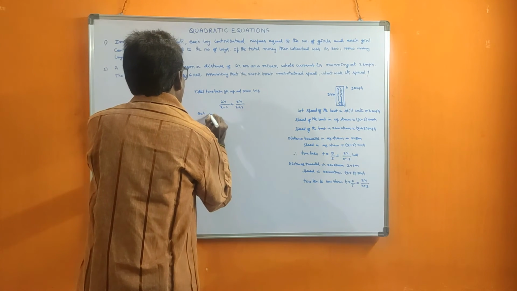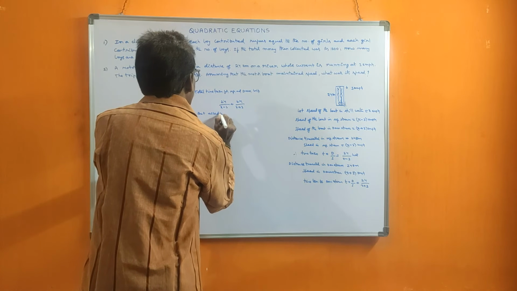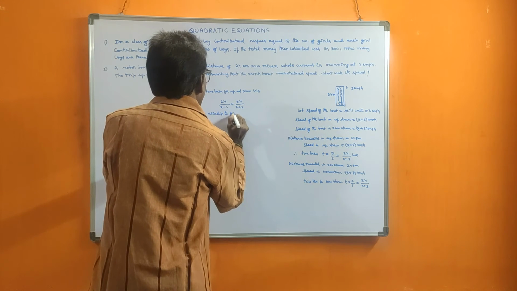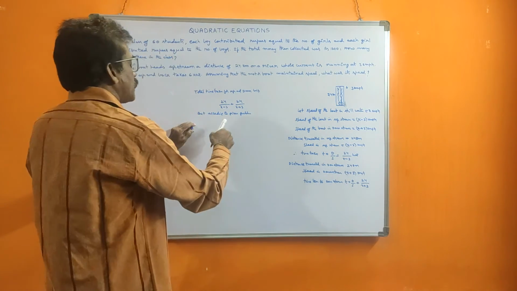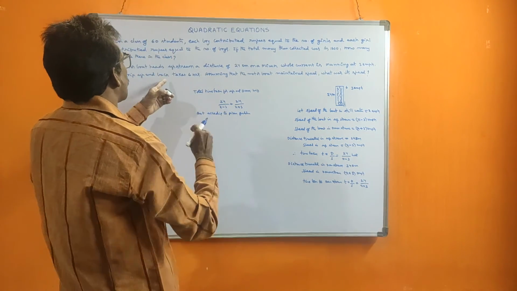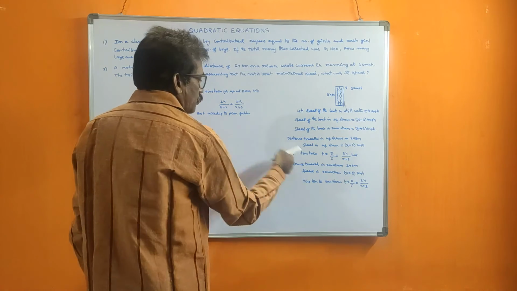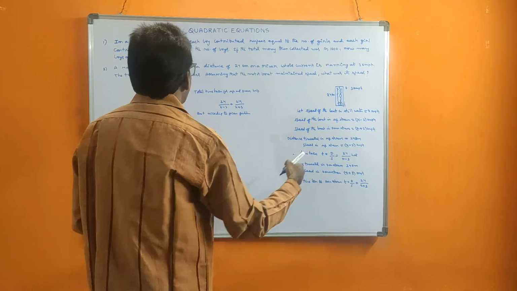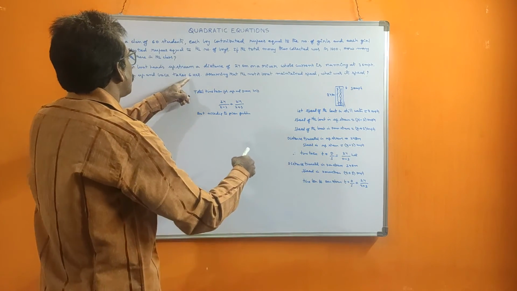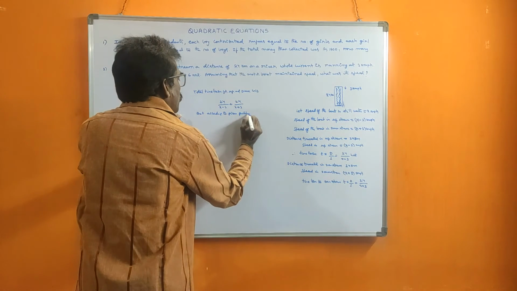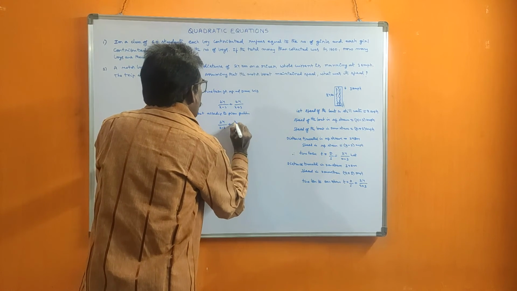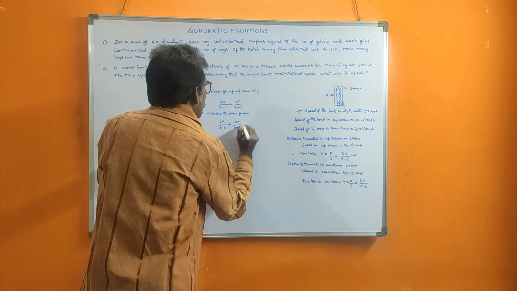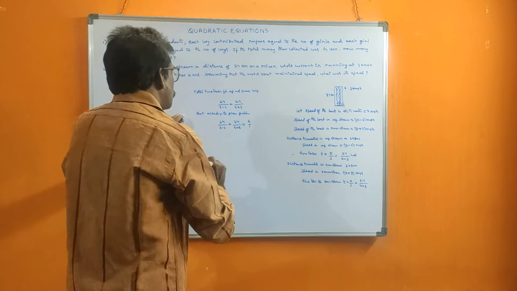But according to the given problem, the total time taken is 6 hours. This we calculated according to formulas, but he gave the total time as 6, so both are equal. Now 24 by x minus 3 plus 24 by x plus 3 should be equal to 6, that is 6 by 1.